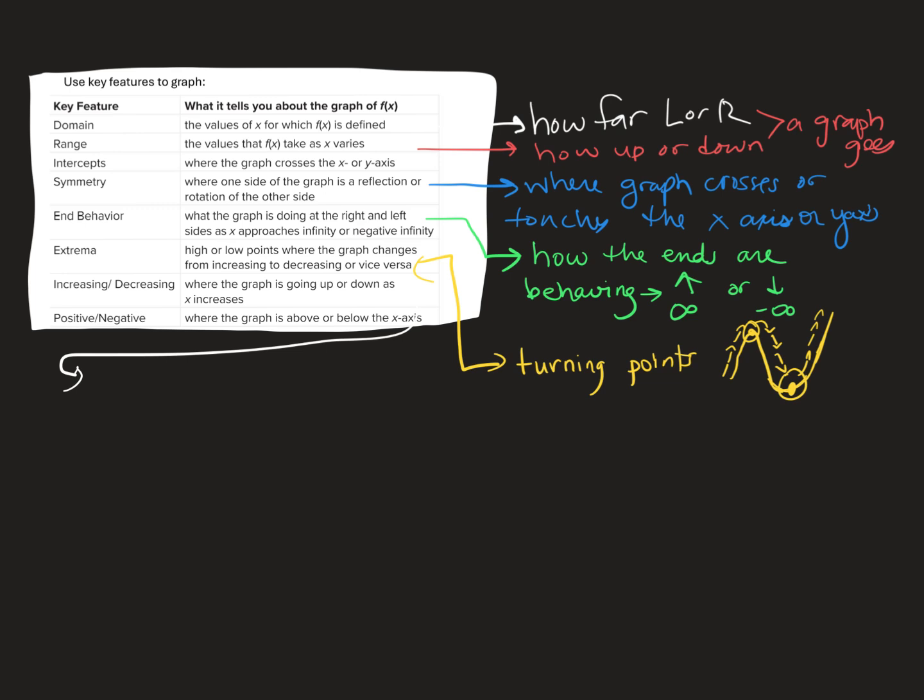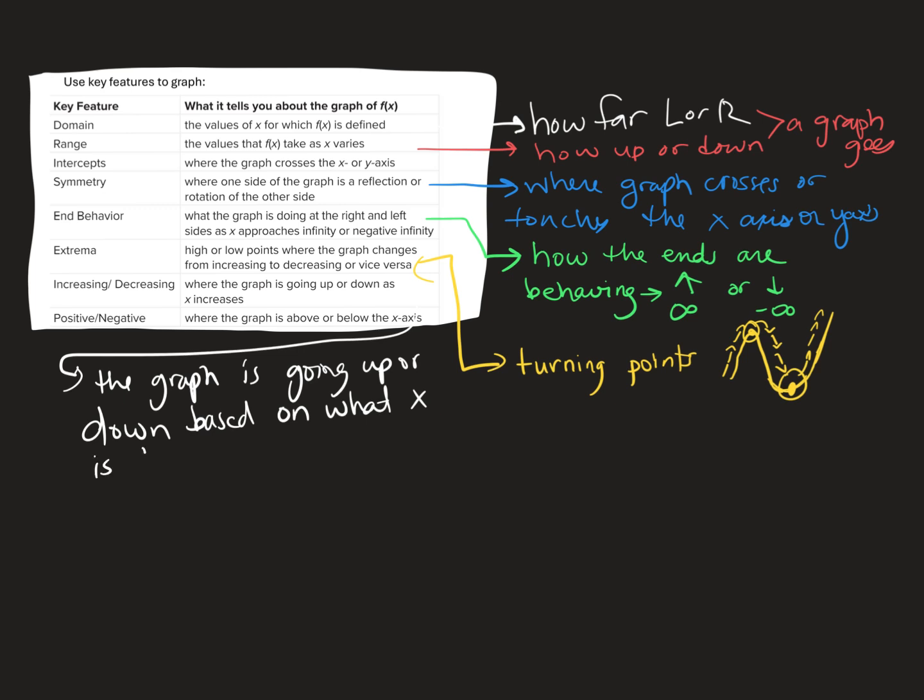And for the increasing, decreasing, the graph itself is going up or down based on what x is doing. Let me go back and grab the symmetry, sorry.